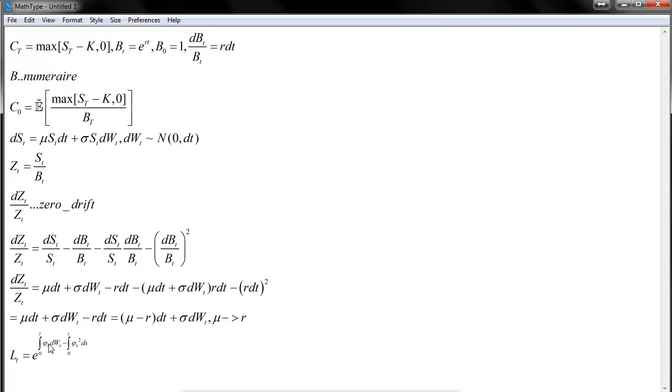This function phi is extremely important, and it's the so-called Girsanov kernel. This is the core point of the transformation, and this kernel will allow us to transform the original Wiener process into another Wiener process under the new measure.